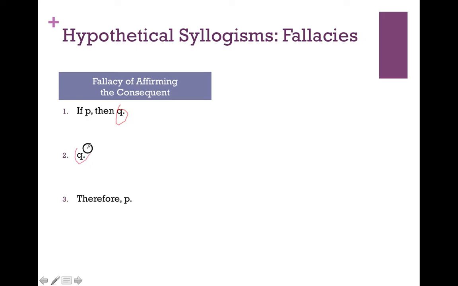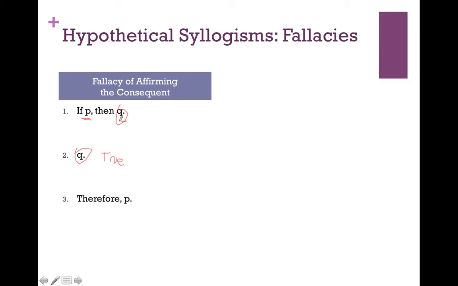You're saying the consequent is true, and by saying the consequent is true, you're reasoning in a fallacious way. Now, if you affirm the antecedent, which makes sense, that's okay. That's actually modus ponens. But affirming the consequent, you don't say, if A then B, B is true, therefore A is true.